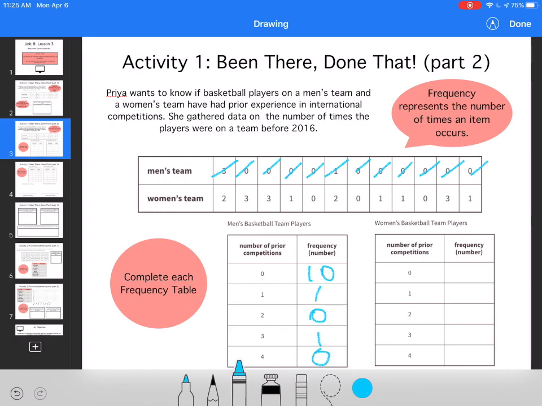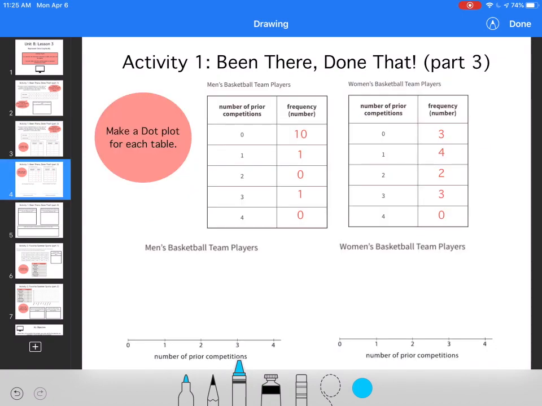So now for the women's team, I'm going to count up the number of zeros. So that's 1, 2, 3. The number of ones, 1, 2, 3, 4. The number of twos, 1, 2. The number of threes, 1, 2, 3. And the number of fours would be 0.